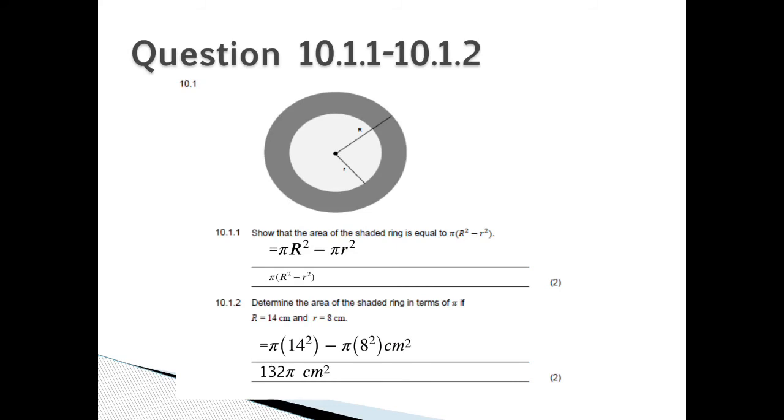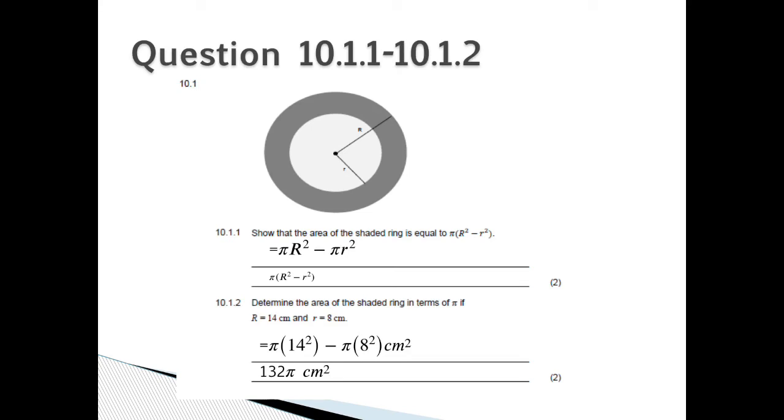10.1.1. The area of the shaded ring is equal to pi R squared minus pi r squared. If you factorize and take pi out, you will end up with pi(R squared minus r squared). 10.1.2. The area of the shaded ring in terms of pi.